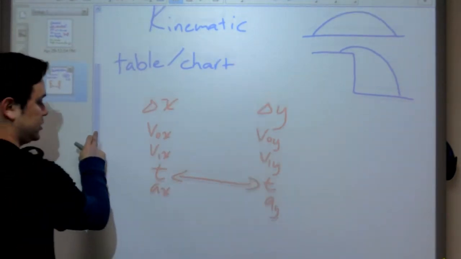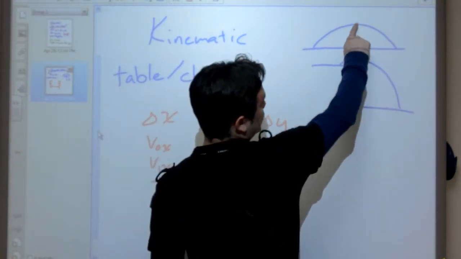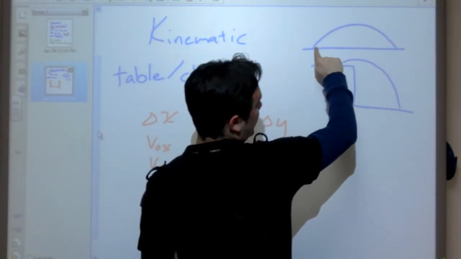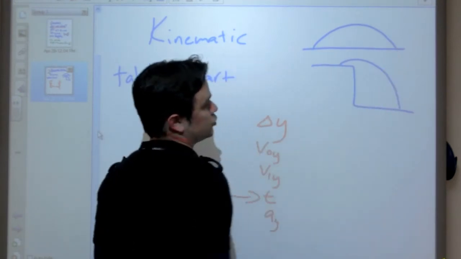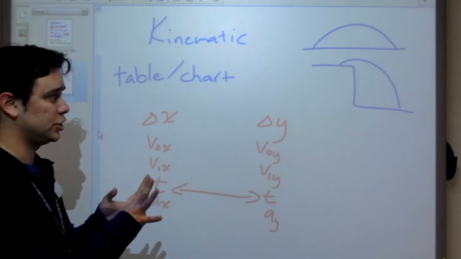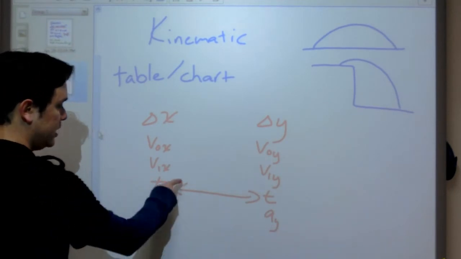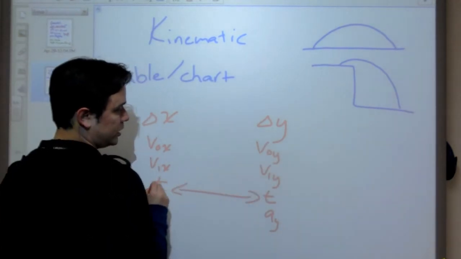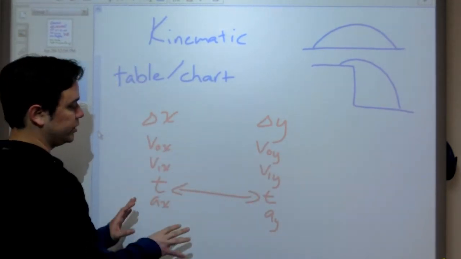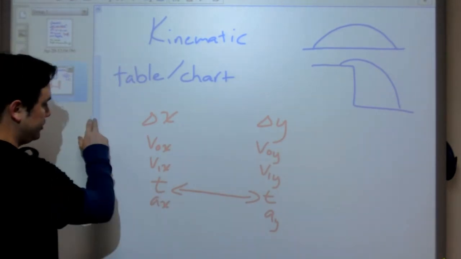The time it takes for a projectile to travel however far it goes in the y direction, so up and down when it hits the ground, versus the amount of time it's traveling in the x direction until it hits the ground. Well, it gets launched at the same time in both cases, and it hits the ground at the same time in both cases. Time is our bridge between these two dimensions. Everything else can be completely independent, but the time that it's in the air is the same for both.